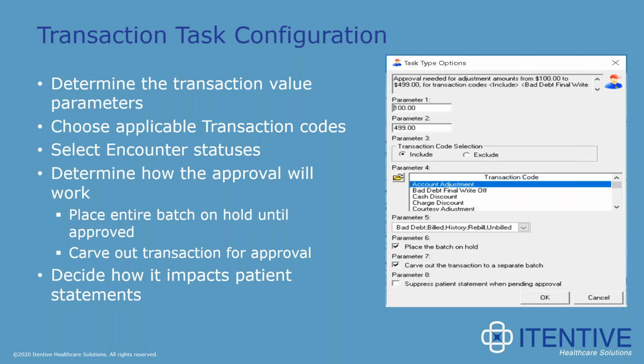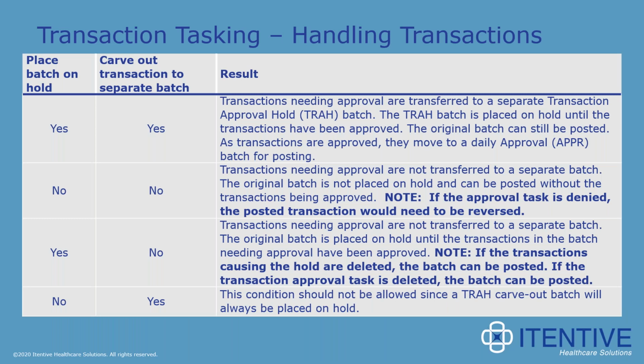Now, the next thing, and this gets a little bit complicated, but I'm going to try my best to simplify it. Parameter 8 just says, if there's a transaction pending approval, do you want me to hold the patient's statement until it gets approved? So don't send that patient a statement while things are still in limbo, and you can select that. Parameter 6 and 7, I'm going to give you a chart that helps you understand those a little bit better.